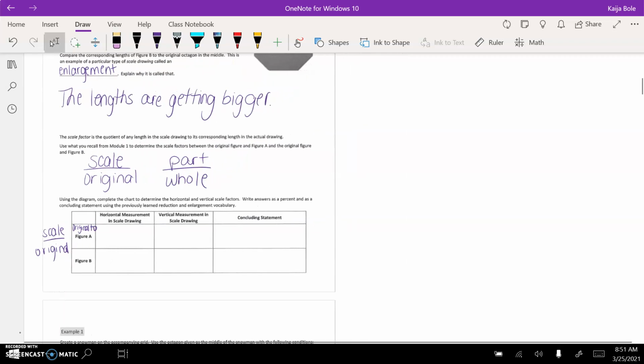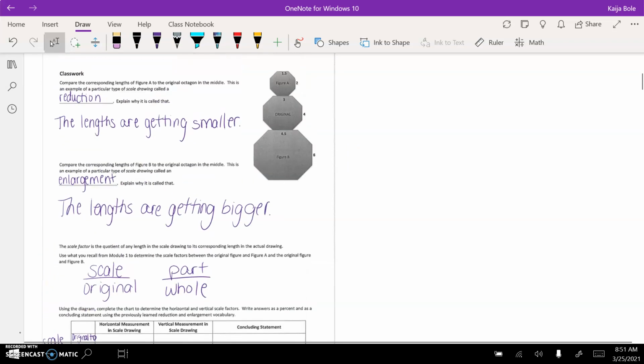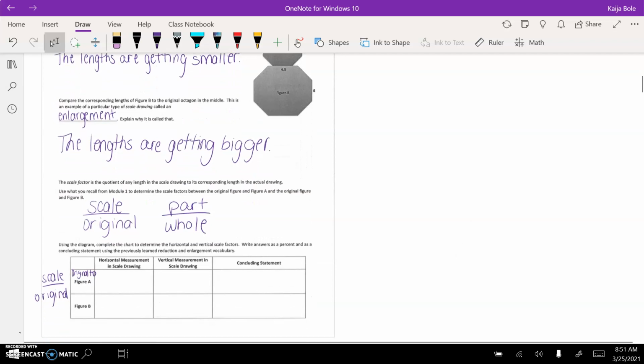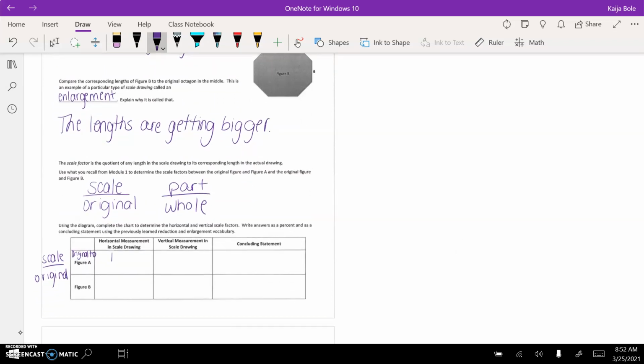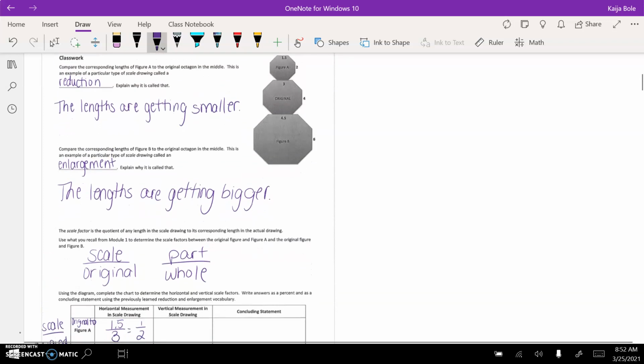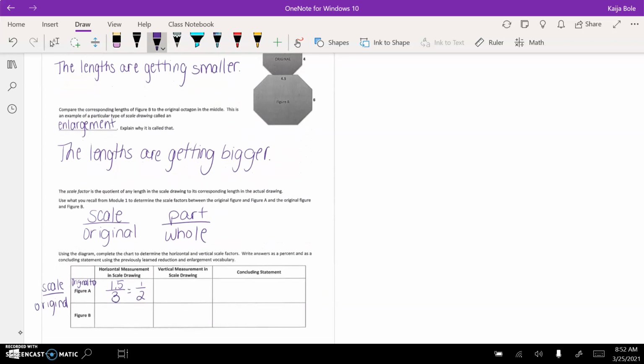So if we're comparing the original to figure A, the scale, which is figure A, the horizontal measurements, this would be 1.5 over 3. And when you simplify that, that's like 1/2. When we do the vertical ones, it would be 2 over 4, which would also be 1/2.